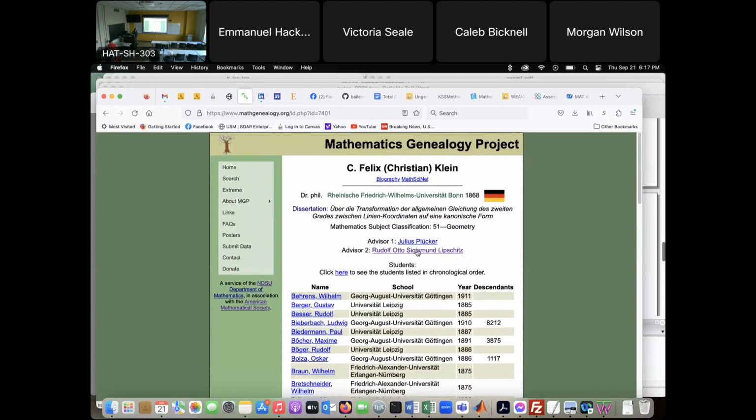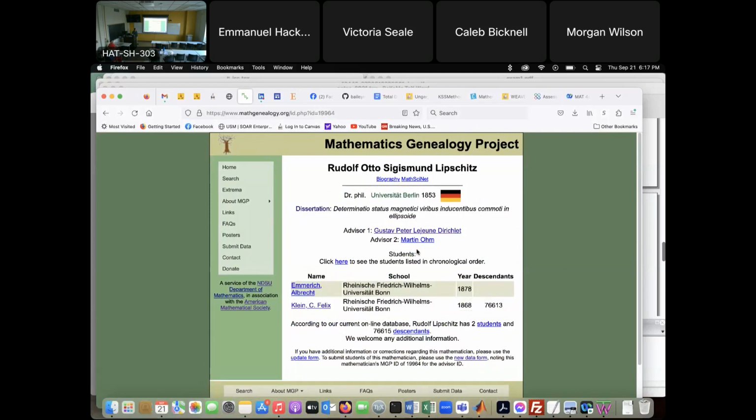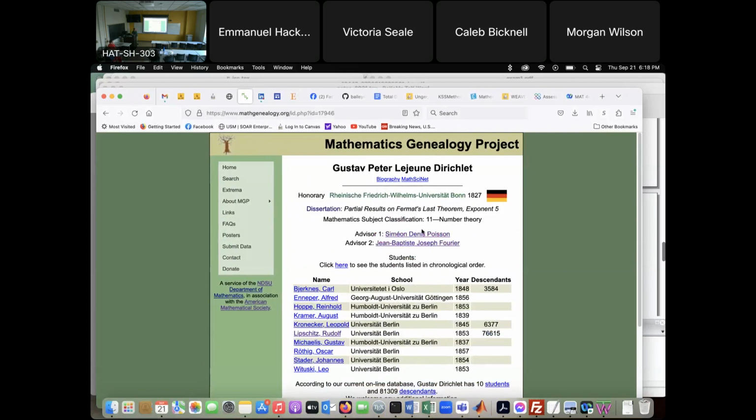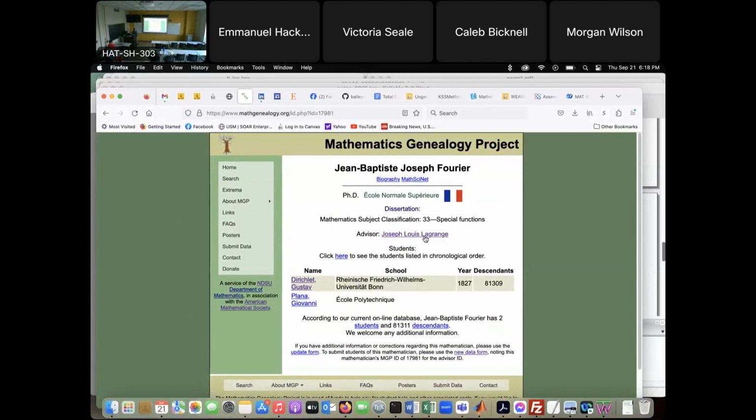Lipschitz, Lipschitz continuity is named after him. Dirichlet, and Dirichlet boundary conditions, that some of you might know about. And then Poisson, Fourier, and Fourier series. And Lagrange. Yeah, so I am the academic descendant of many generations of Lagrange.